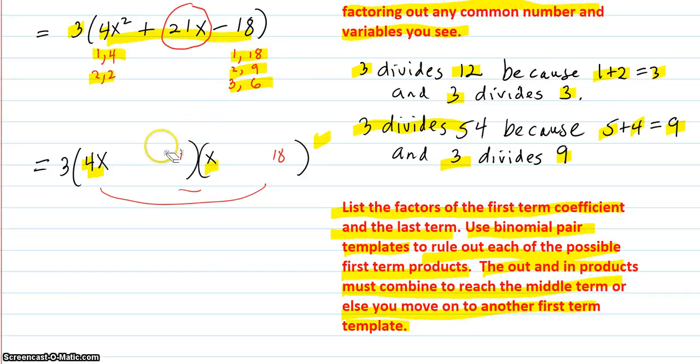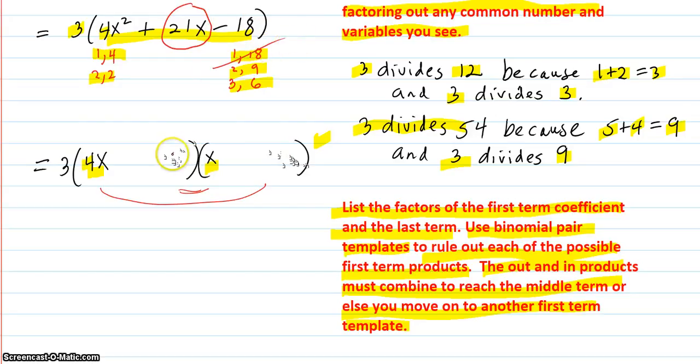How about 18 and 1? 4 and 18 makes 22, not 21. So that's out. We've now exhausted that pair.